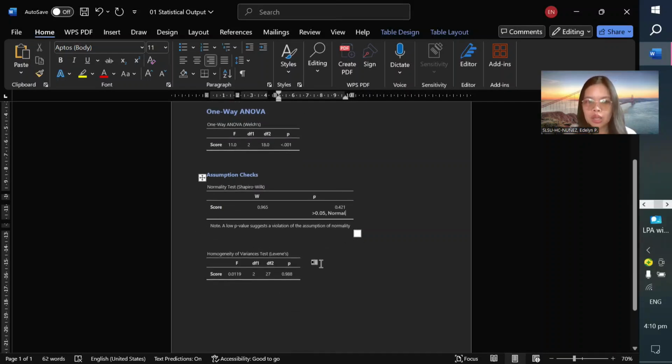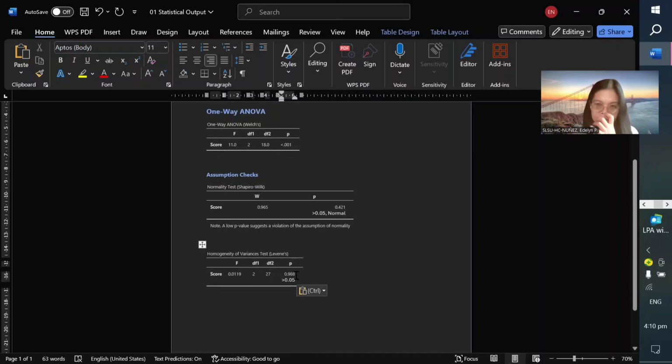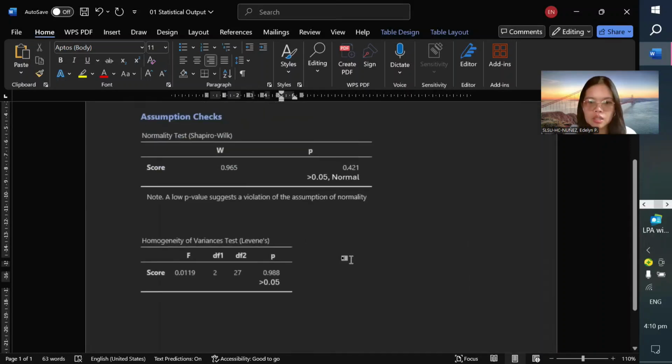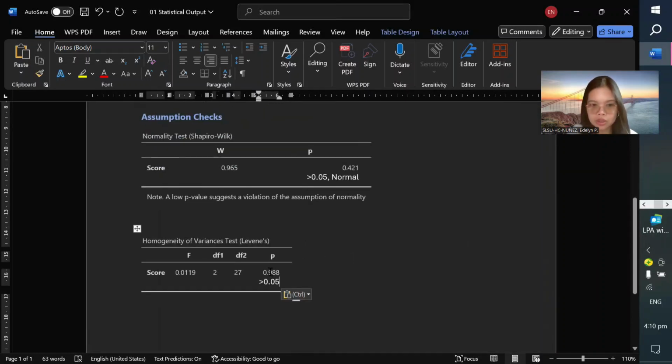So that's one check for the assumption. Let's go to the homogeneity of variance. Let's check whether it is greater than 0.05. First, you just need to look at the decimal point. The decimal point is here, and then the next digit is 9, and then the next here is 0. Therefore, this is greater than.